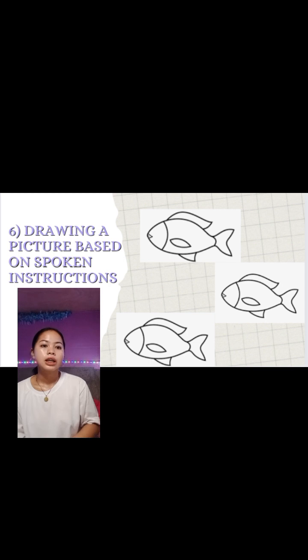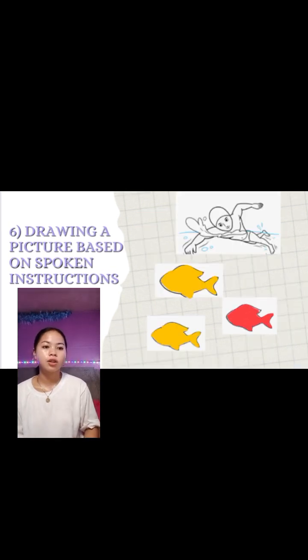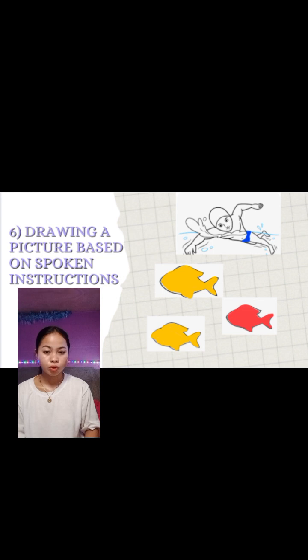For example, color the fish in the middle red and the other 2 yellow. And lastly, instruct them to draw a boy swimming above the 3 fish, color his swimsuit blue. So, they will have their project or activity by listening.